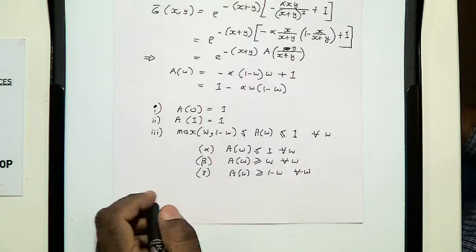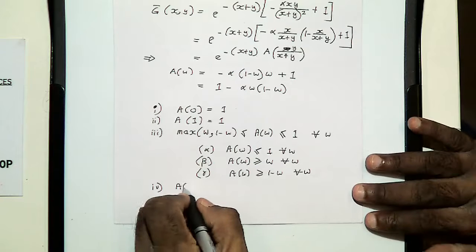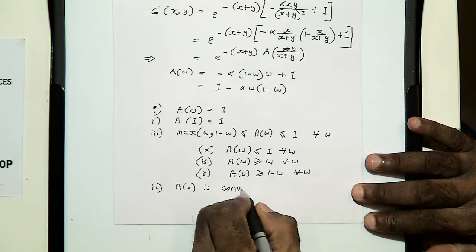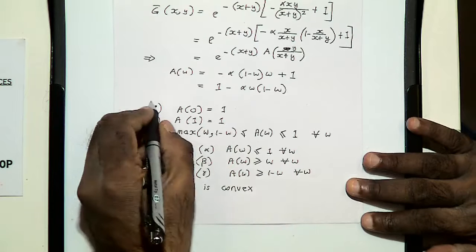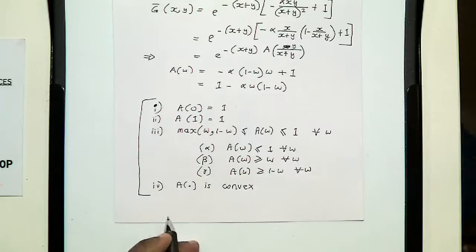Finally, condition number 4 is that A is convex. We need to check all of these conditions, so let's start with the first one.